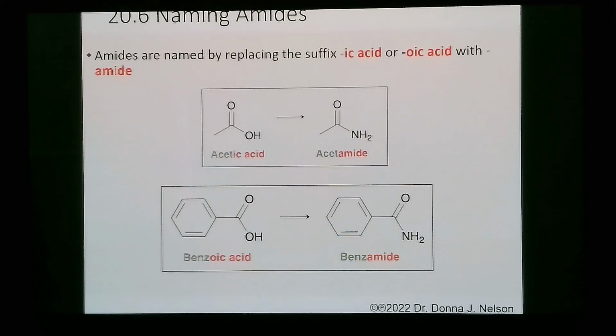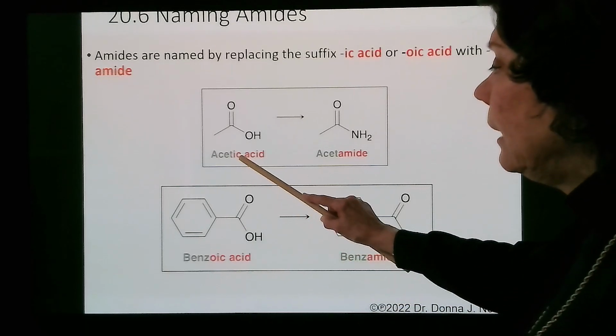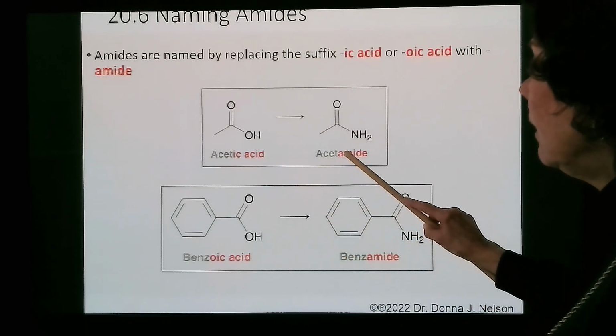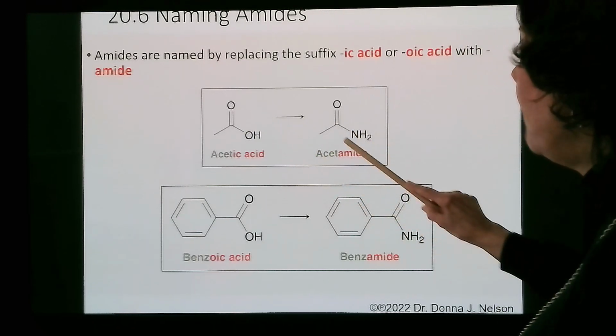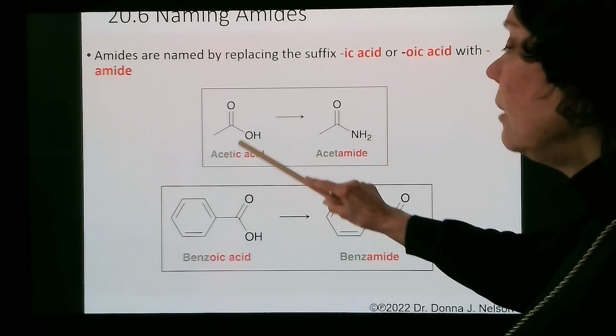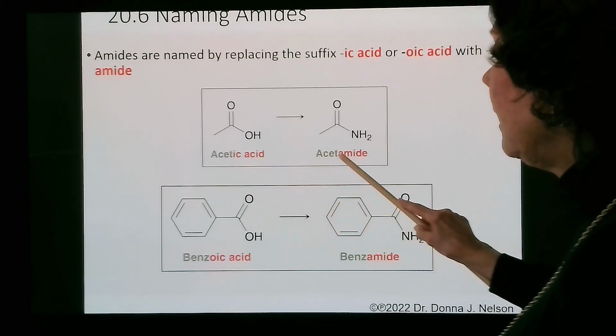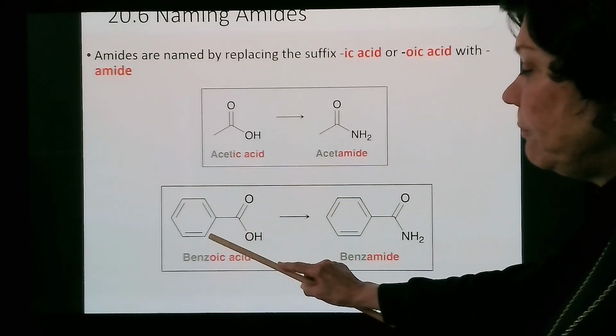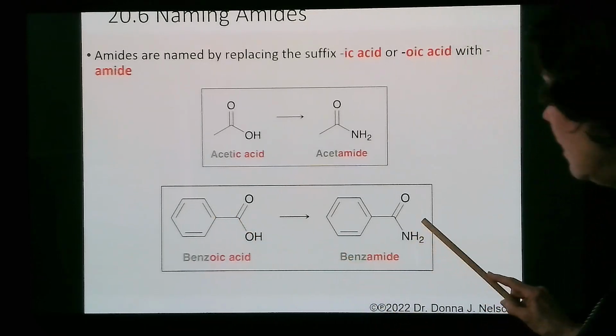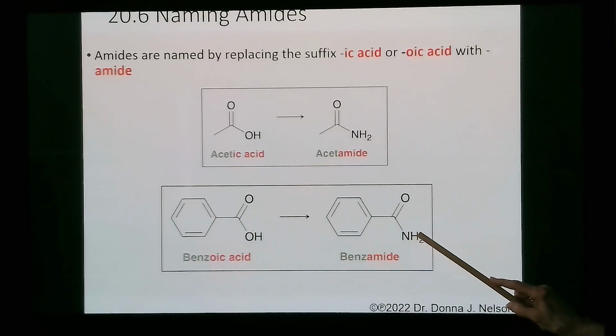Amides are named by replacing the suffix ic acid with amide. So when the hydroxyl group is replaced by the amino group, this acetic acid becomes acetamide. The same thing with benzoic acid being functionalized with an amino group.